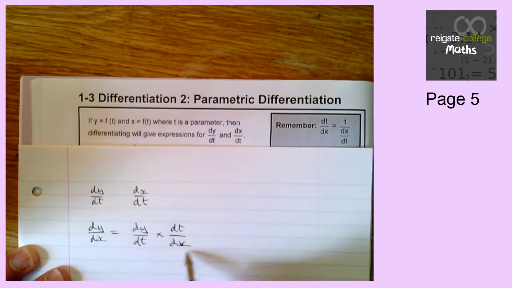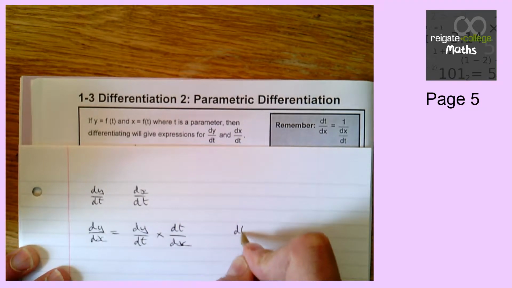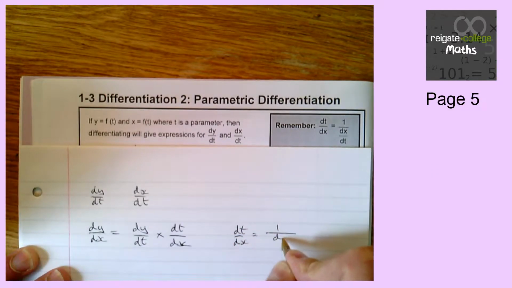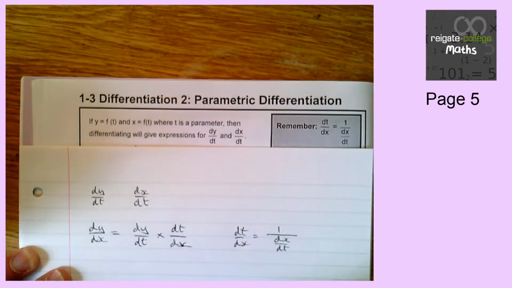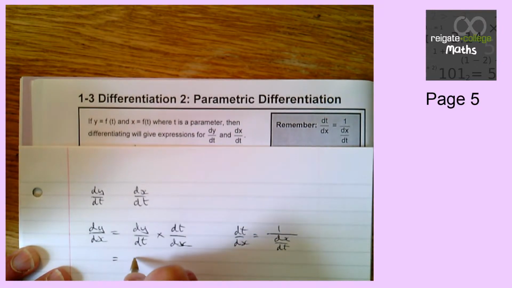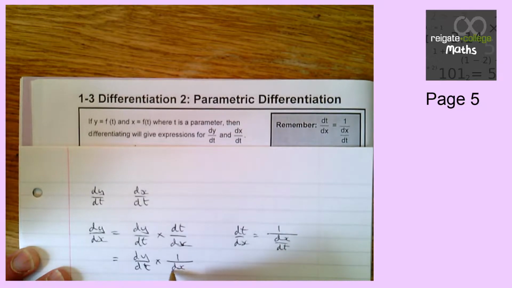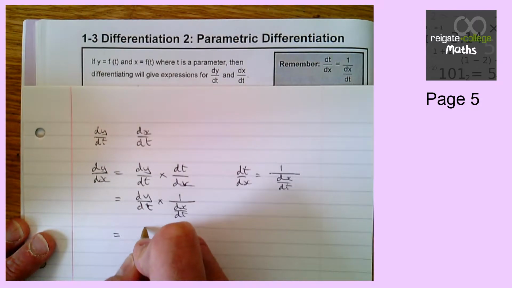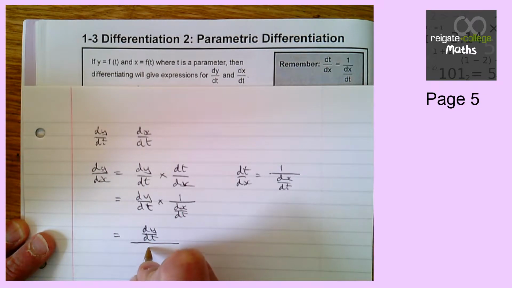And then we remember that dt by dx is equal to 1 over dx by dt. So this is now equal to dy by dt times 1 over dx by dt, or it's very common to write that in this way, dy by dt over dx by dt.